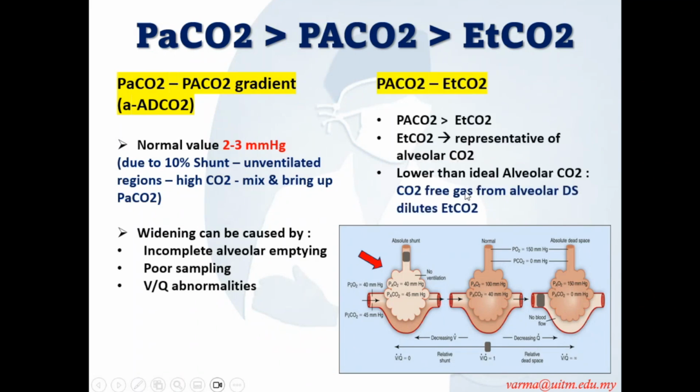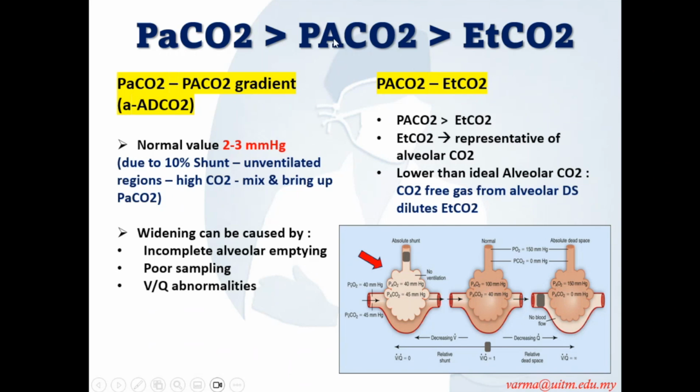Next, the relationship is PaCO2, then alveolar CO2, then end tidal. EtCO2 is supposedly assumed to be representative of alveolar CO2, but in reality it is lower than ideal alveolar CO2 because CO2-free gas from alveolar dead space dilutes the EtCO2.